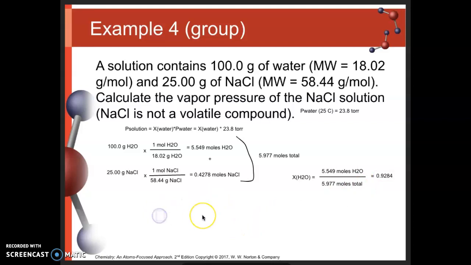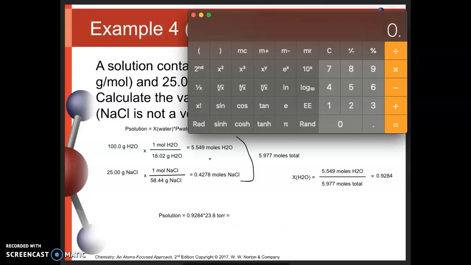And so, putting it into the final equation, the pressure of the solution is going to equal 0.9284 multiplied by 23.8 torr, which to 3 significant figures is 22.1.